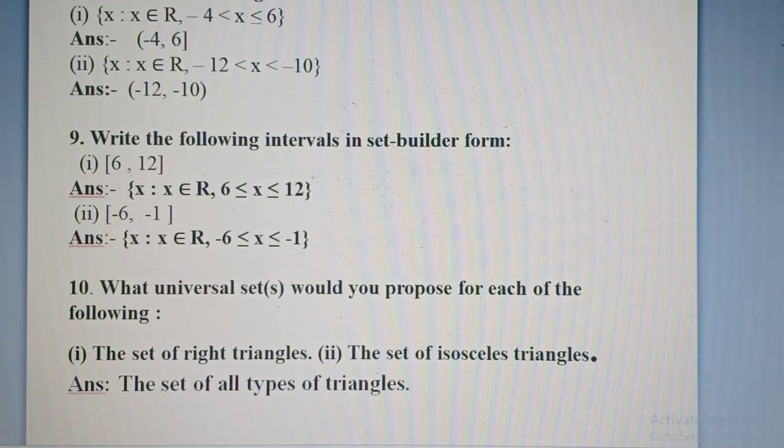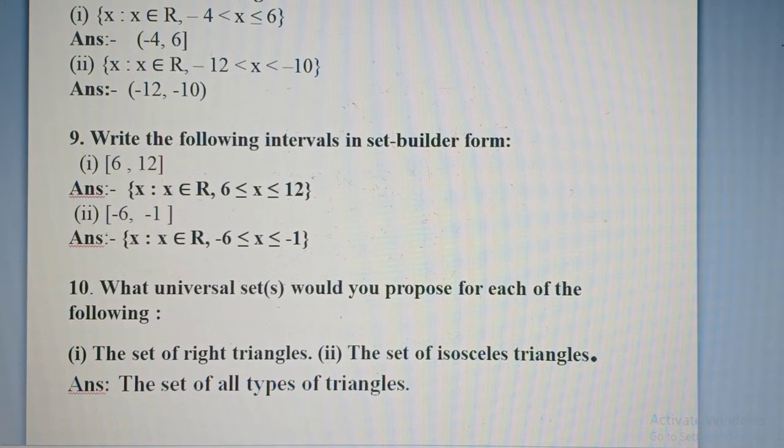So students, the next question is, what universal set would you propose for each of the following? The set of right triangles, the set of isosceles triangles, and a set of all types of triangles. So students, actually the two sets are given, the set of right triangles and the set of isosceles triangles.